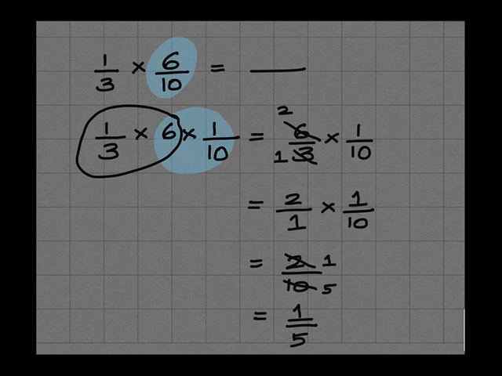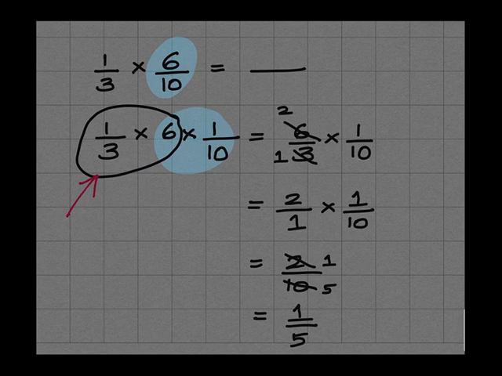This problem is a similar problem. 6/10 should be separated, or can be written as a whole number 6 and 1/10, times 1/10. Okay, the next step is to do this part.